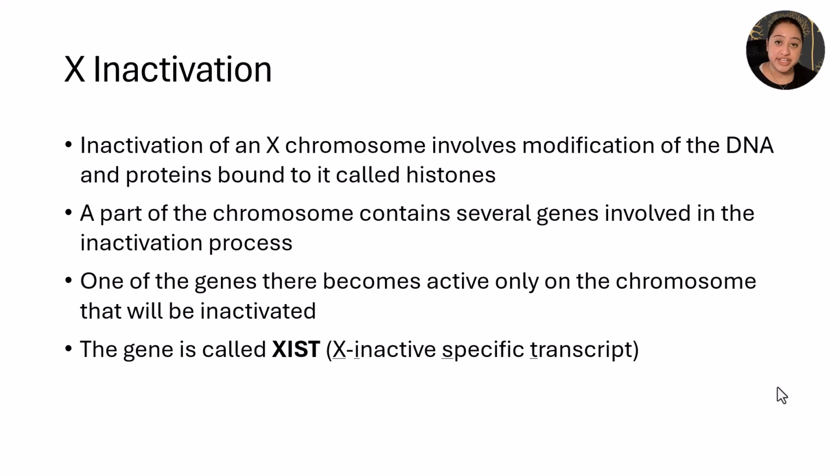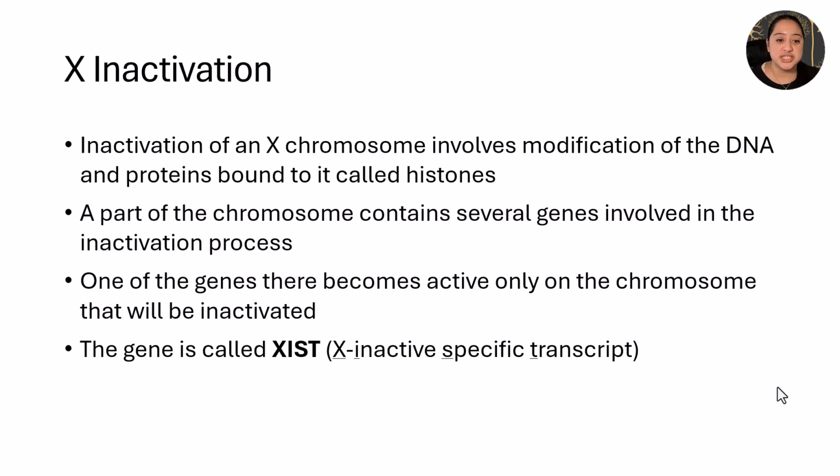So inactivation of an X chromosome is involved with modification of the DNA and proteins. So DNA we think of as just loose, but DNA is wrapped around proteins called histones. So this helps organize and condense it. So a part of the chromosome contains several genes involved in the inactivation process.